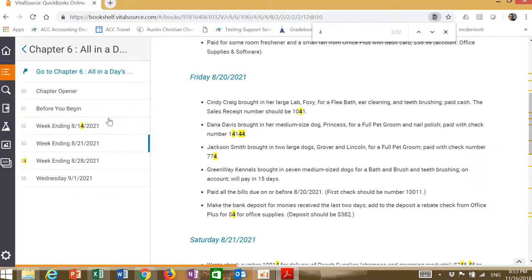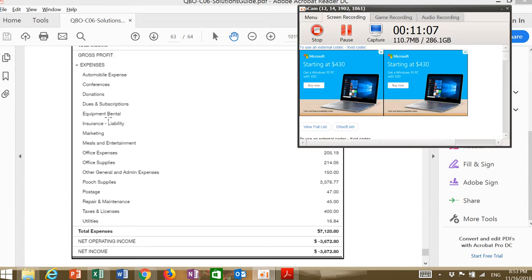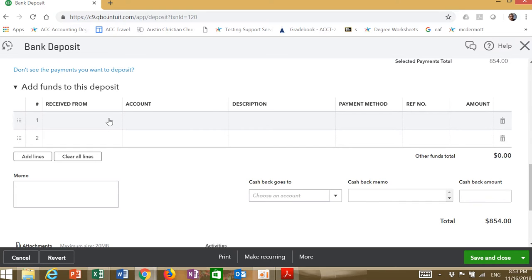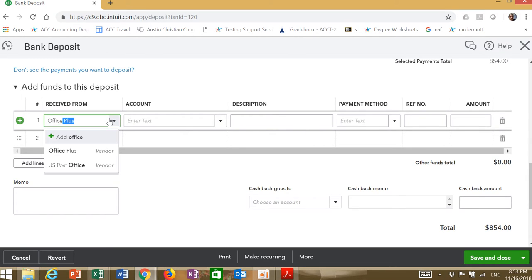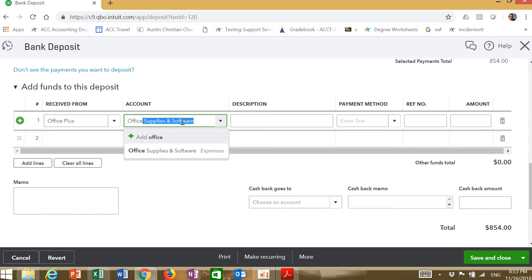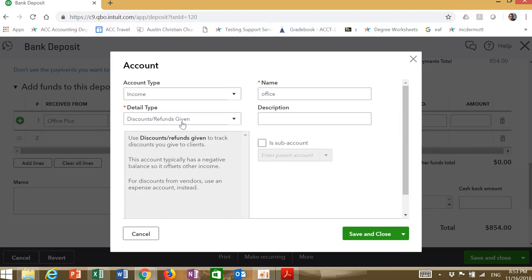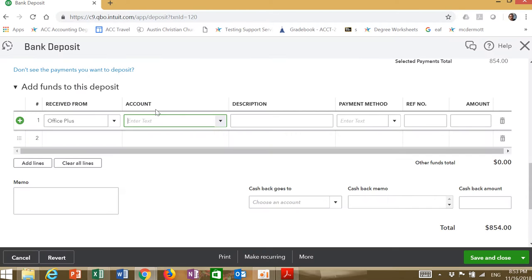So where do we get this? Received from Office Plus. Yeah. And the account is going to go against Office Supplies. Rebate check is the description.